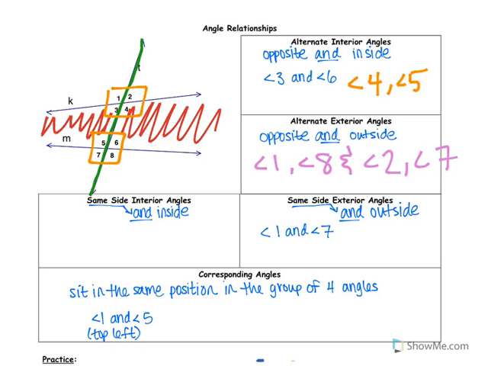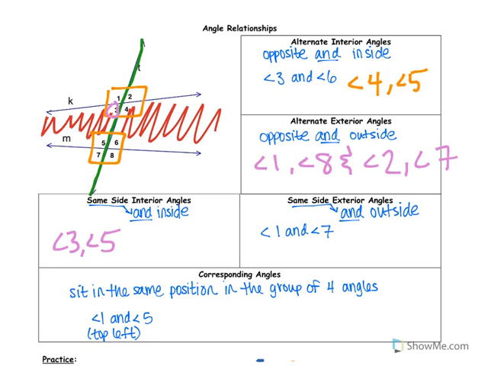Similarly, I'll think about same side interior and same side exterior. So if I'm looking at same side interior, that means I'm picking 2 angles that are on the same side and inside the region in the red. So 3 is on the interior, so let's look at angle 3. And from the other group of 4, what angle is on the same side but also inside?